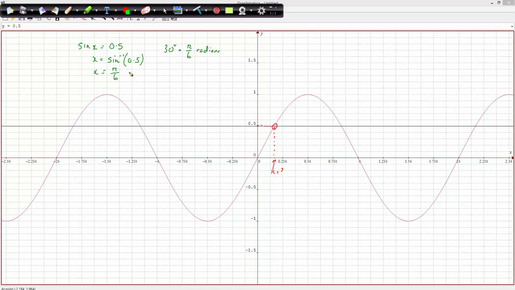Now this is one solution at the moment, so this is not a general solution, it's called a particular solution. What we want is a way of telling us what all the solutions are. We've got another solution over here, another solution here, and so on.